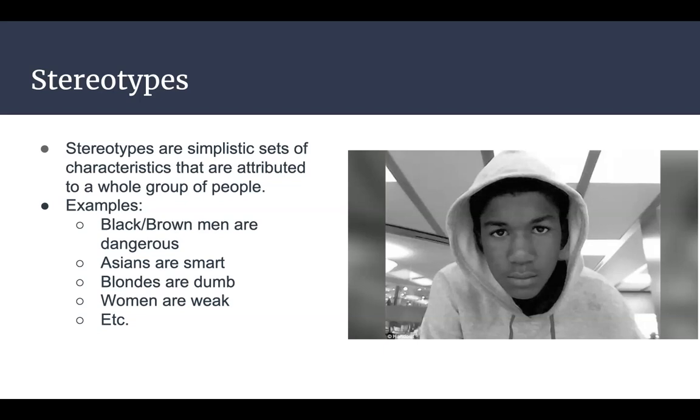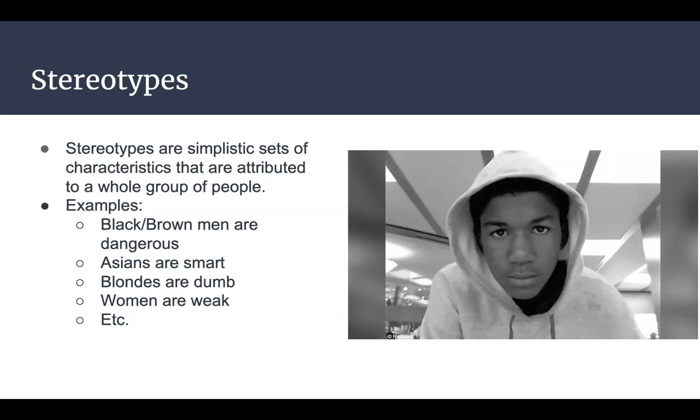So I'm using here the picture of Trayvon Martin, who was murdered by a neighborhood watch captain, or self-assigned captain, as he walked home from the liquor store. So I'm purposely using this picture of Trayvon because it was widely shown as part of the trial and explanation of the situation.